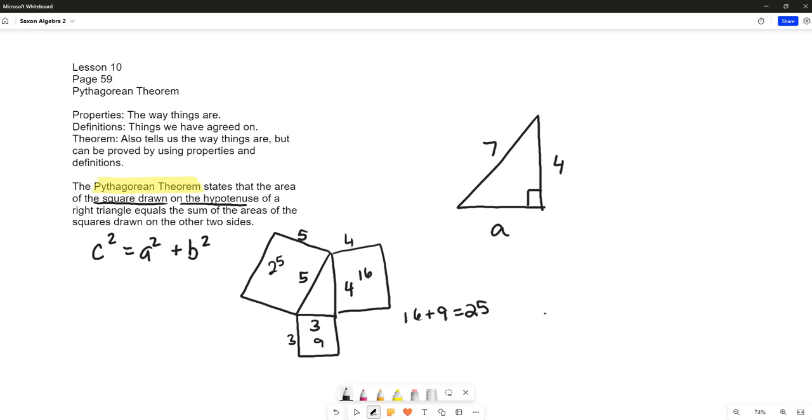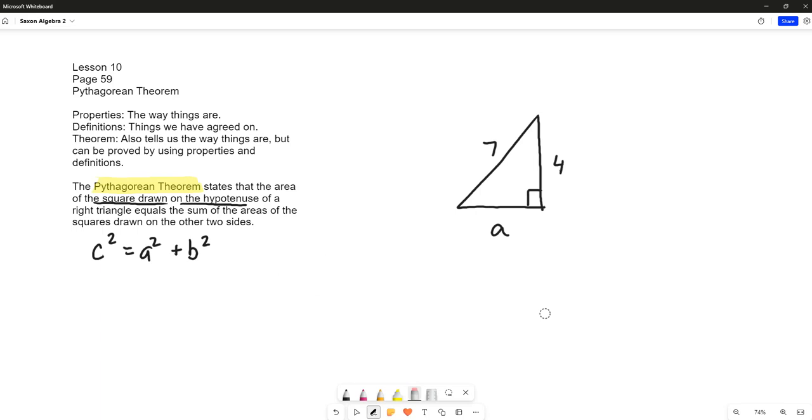Okay, so we can use that fact, that the squares of the other two legs of a right triangle, if you square them, will equal the square of the hypotenuse, in order to find missing sides in right triangles. So we're going to use that to solve for the missing side in example 10.1.